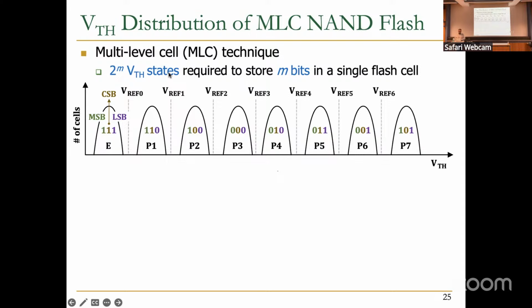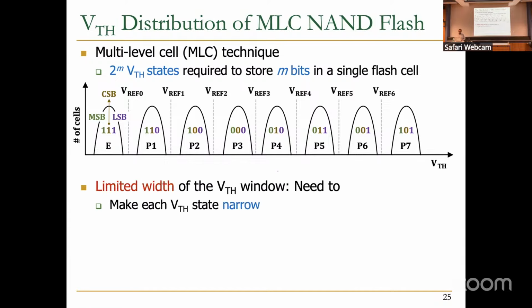And then we also need to come up with several reference voltages in between to distinguish accurately which location we are looking at. The problem is that we have a limited threshold window, so we need to make each of these distributions narrower, which in the end complicates the programming step.